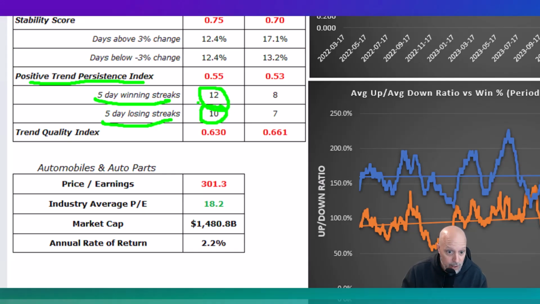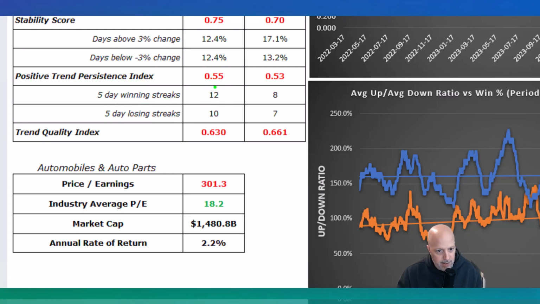So of those 22 5-day streaks, 55% are winning streaks, and we changed that to a score of 0.55. Looking at the same thing for the most recent period, 8 5-day winning streaks, 7 5-day losing streaks, giving us a positive trend persistence index of 0.53.